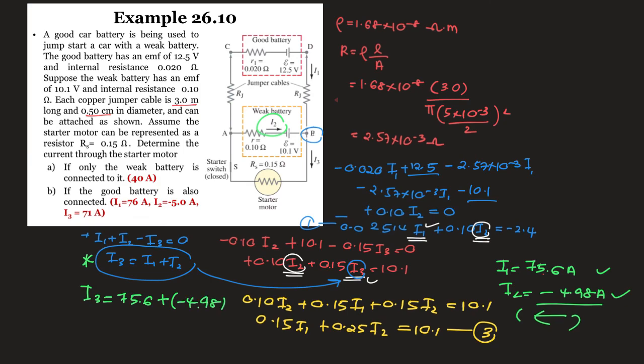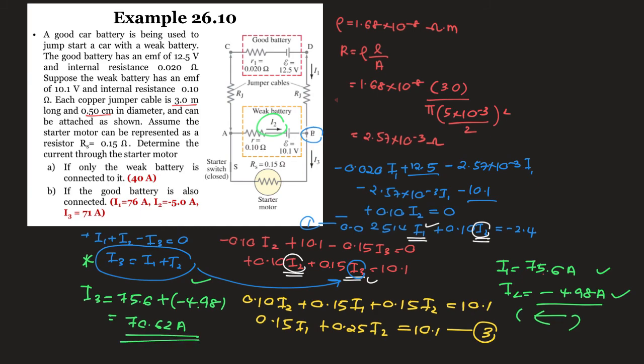Make sure that you use the original directions first, because as you can see, from the start we used the wrong direction, therefore to find the unknown current, you need to use the wrong direction first. So here you are going to get 75.6 minus 4.98, which is 70.62 ampere. Okay, so you are done with that.